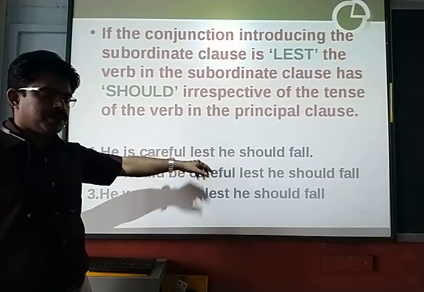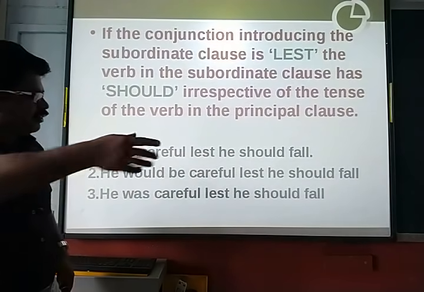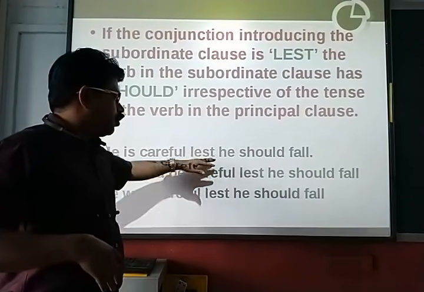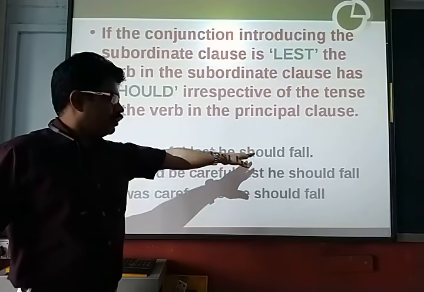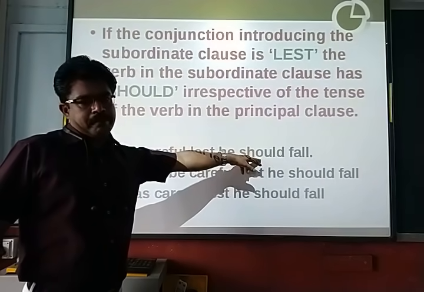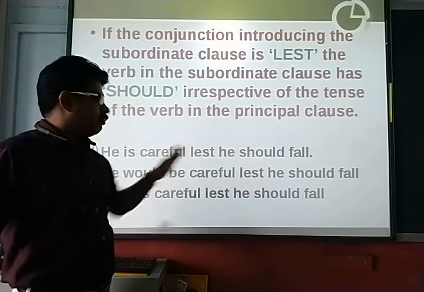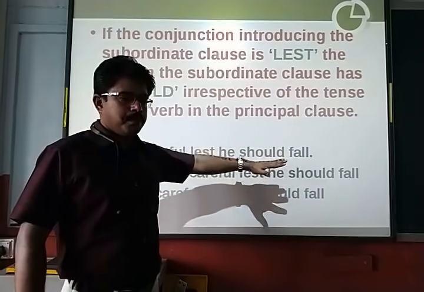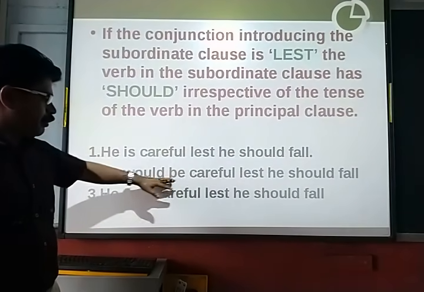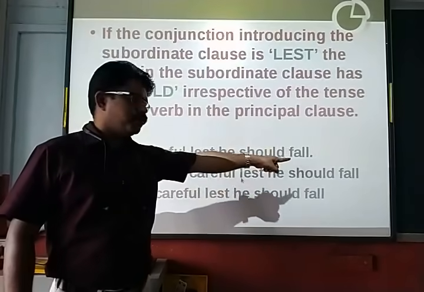Now if you notice this one, as we said, with closed eyes we can follow the rule. He should. This word has to be there. No doubt can be there. So: he is careful lest he should fall. He would be careful lest he should fall.